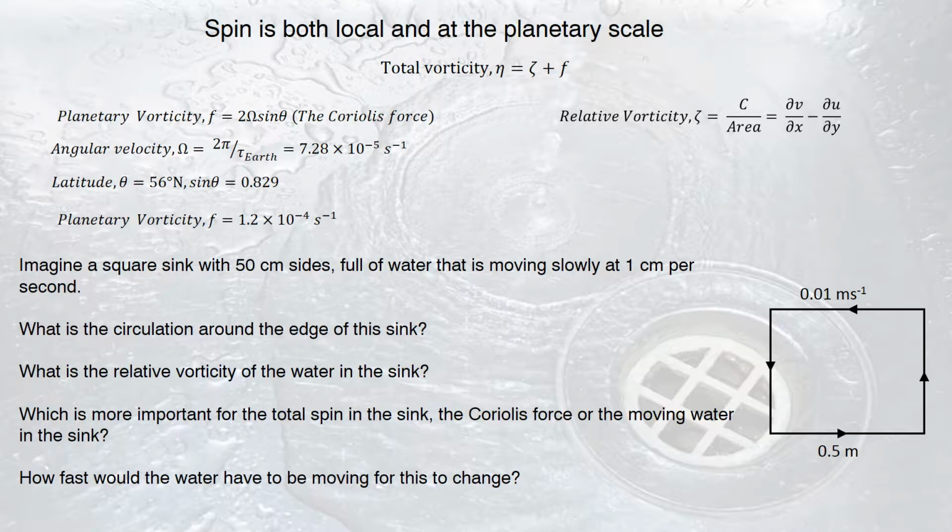So that's what C equals, the circulation. And then if we wanted to work out the relative vorticity, so that's the vorticity due to the local thing, that's circulation divided by area. And the area of that is 0.5 squared. Okay?